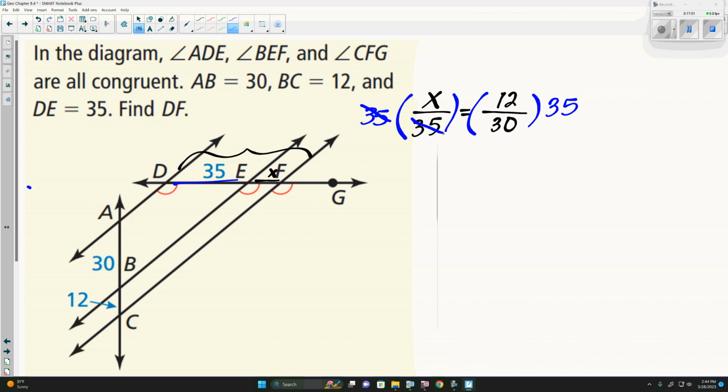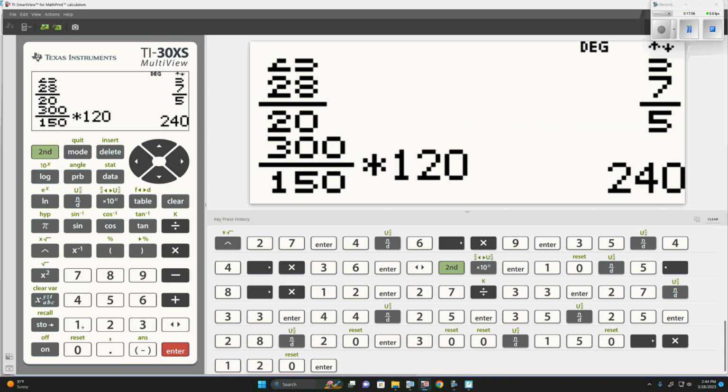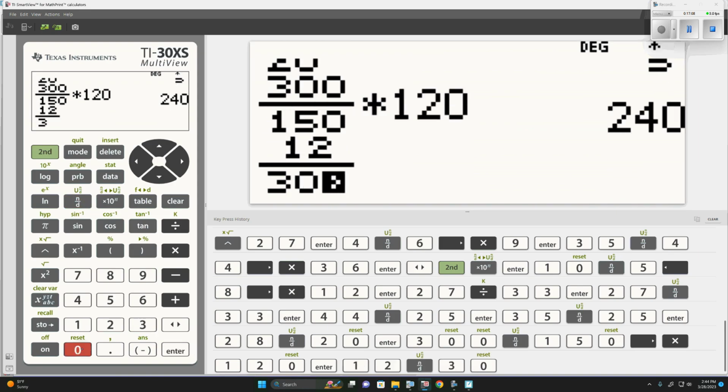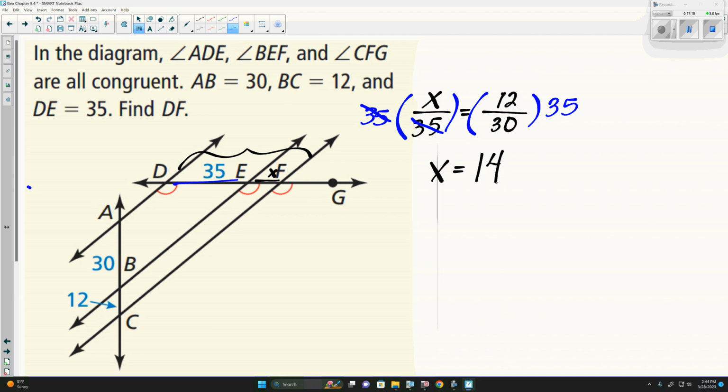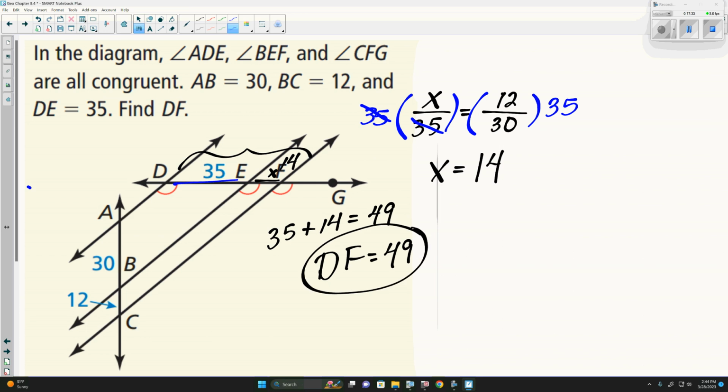Here, the 35 and 35 would cancel. So we're going to do 12 over 30 times 35, which is 14. So we need to add those together. 35 plus 14 is 49. So DF is 49.